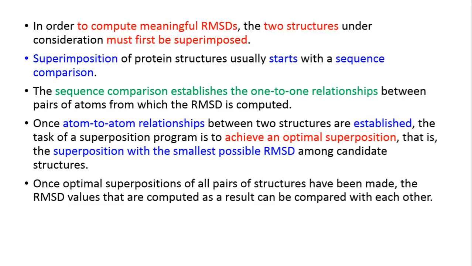Now in order to perform superimposition of any two proteins, first the sequences of those proteins are compared. Superimposition of protein structures usually starts with sequence comparison. The objective of this sequence comparison is to establish a one-to-one relationship between the pairs of atoms for which the RMSD needs to be computed.